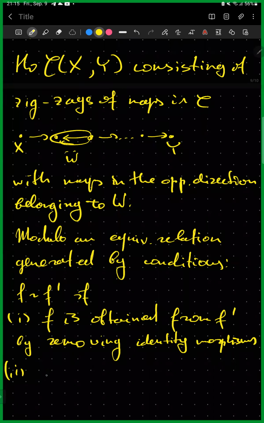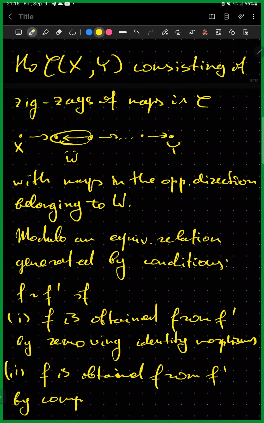So F is obtained from F prime by composing two morphisms in the same direction.